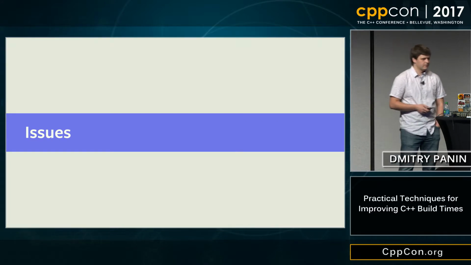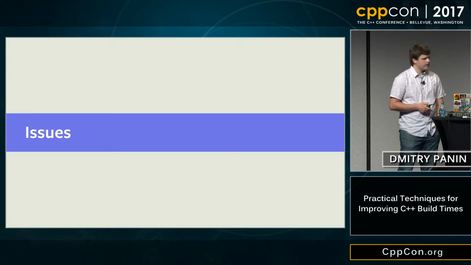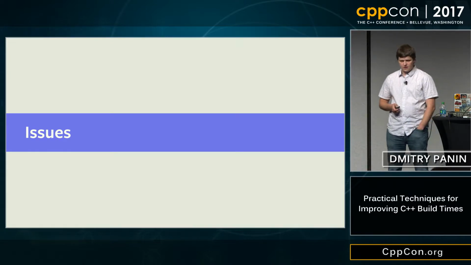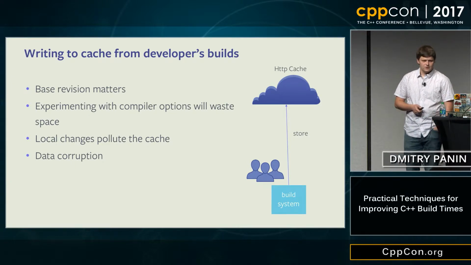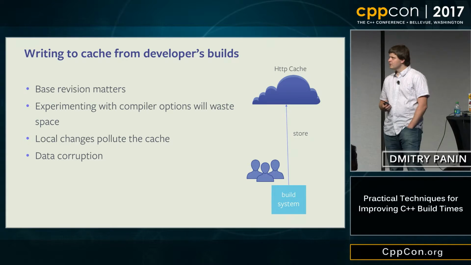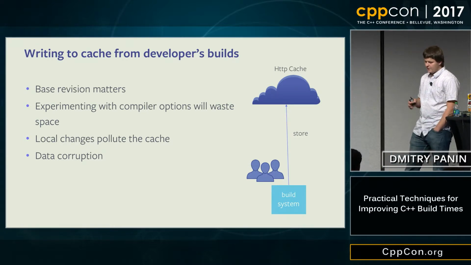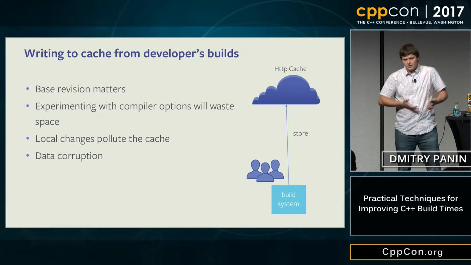All right, issues. Okay, so yeah, we tried some things and they didn't work that great. And okay, let's talk about them. So one thing we did a long time ago, I think even before we were using Bug, we were populating the cache from developers' machines. It felt natural, right?